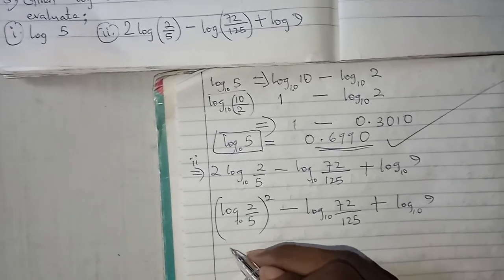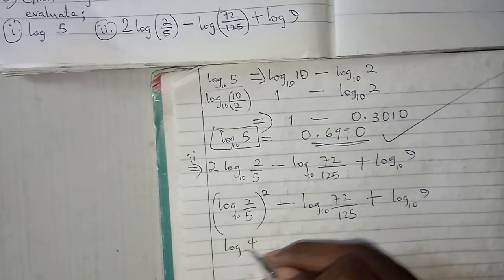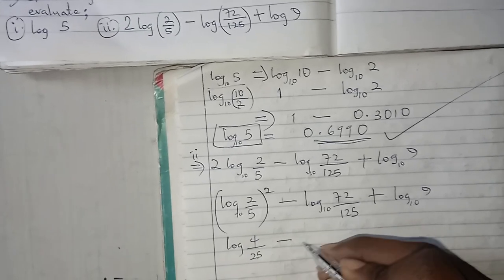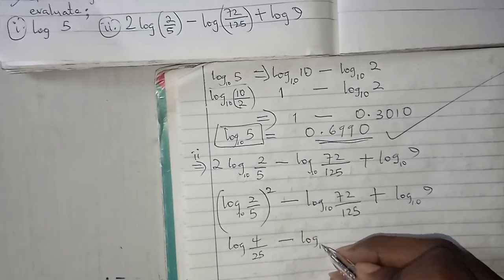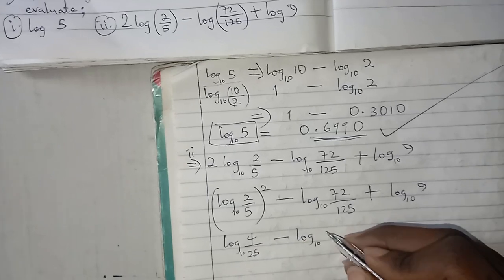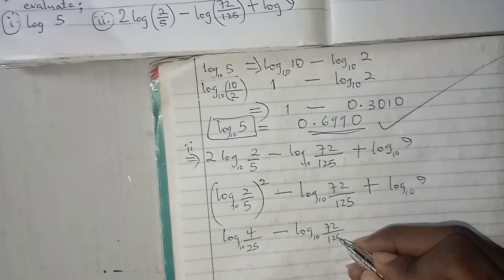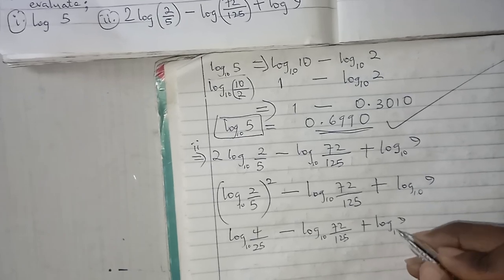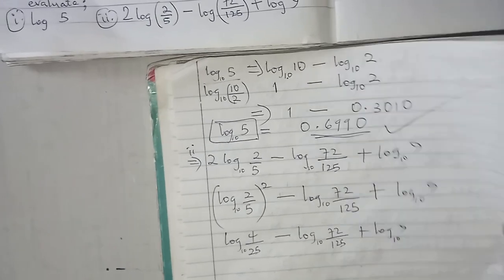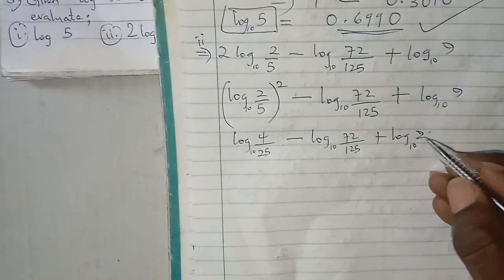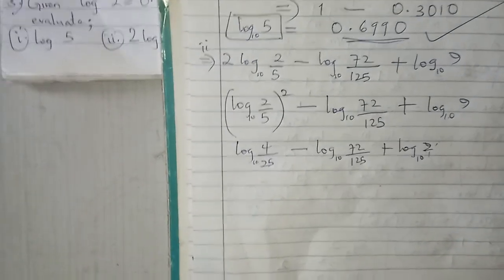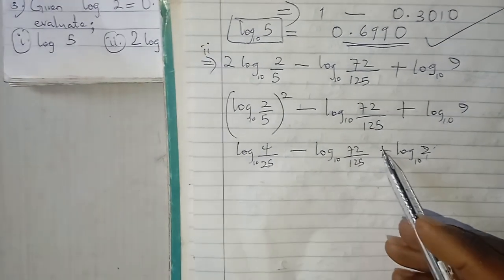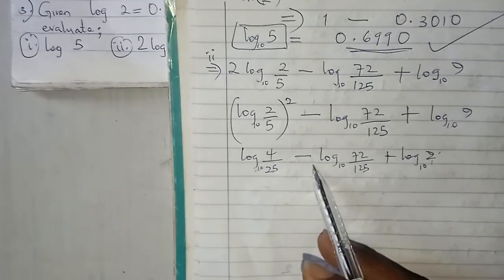So this is going to give me log 4 over 25 minus log 72 over 125 to base 10 plus log 9 to base 10. Notice that anything standing on this one is over 1. And notice I can apply multiplication law to these two, then division law.